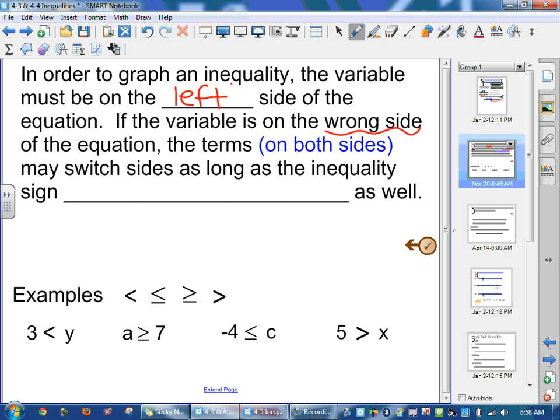We can switch them places, but there's one extra thing we have to do. When we switch them places, the inequality sign switches directions. So if it was pointing right to start with, it would point left. So that's the difference.